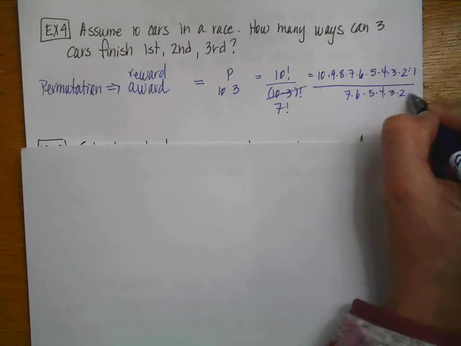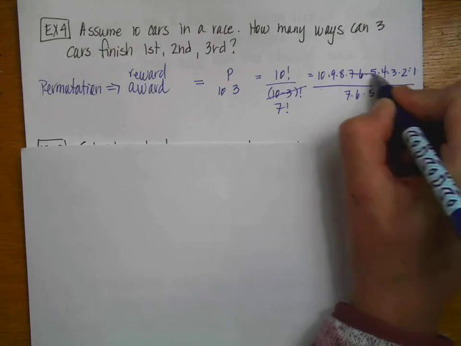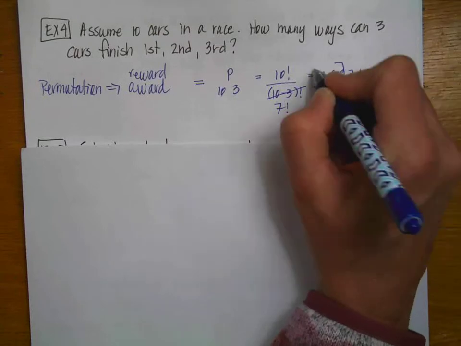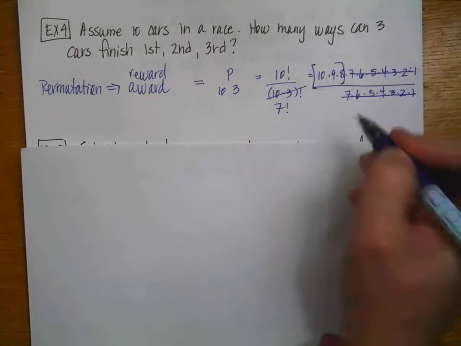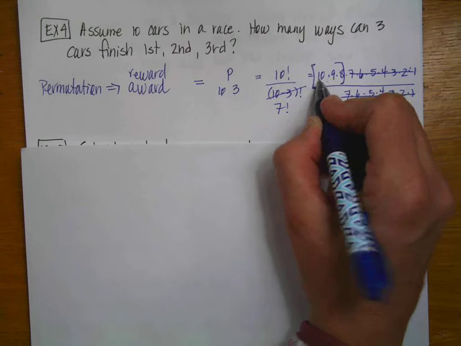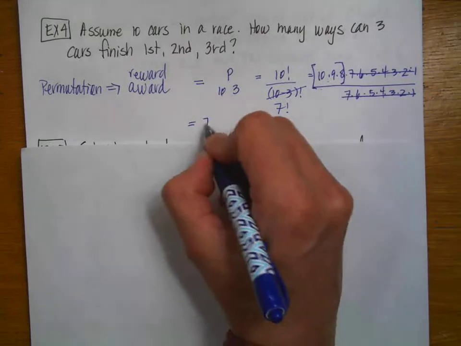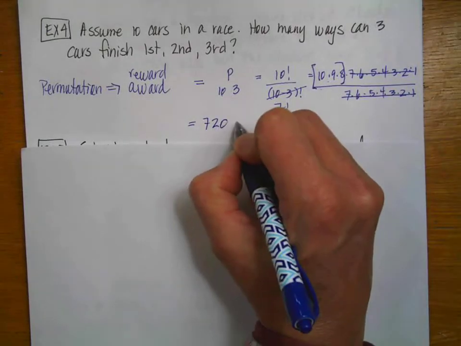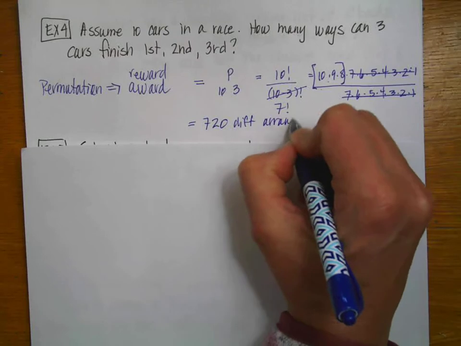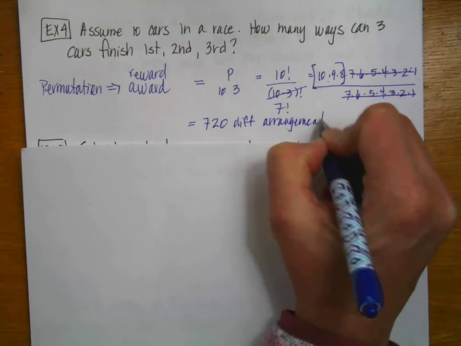And so this is 7, 6, 5, 4, 3, 2, 1. And if you'll notice, all of these guys cancel because they're multiplied together. So then your answer is going to be 9 times 8 is 72 times 10 is 720. So there's going to be 720 different arrangements.